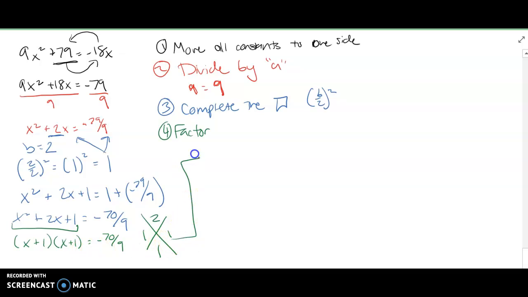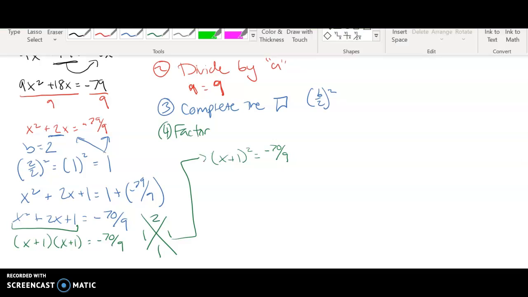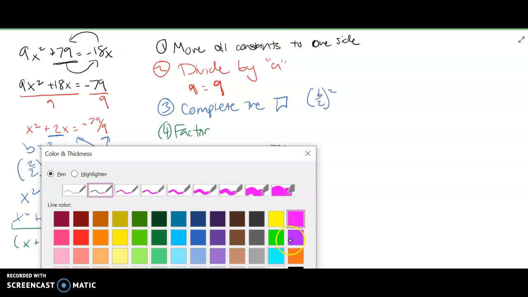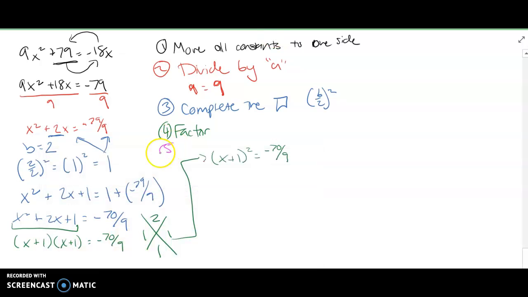Then I need to simplify, so I have x plus 1 squared equals negative 70 over 9.